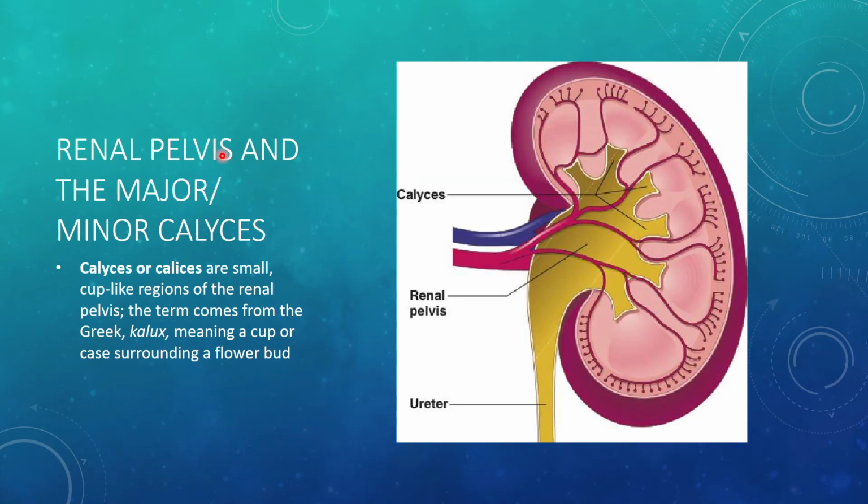Those collecting tubules come down through the renal pyramids, these triangular shaped structures outlined by the arterioles here. Down through the renal pyramids, the collecting tubules descend, and the formed processed urine collects in these collection cup regions called calyces. Minor calyces refer to the smaller structures.